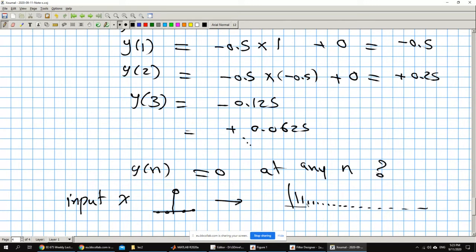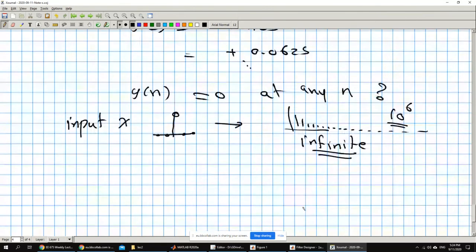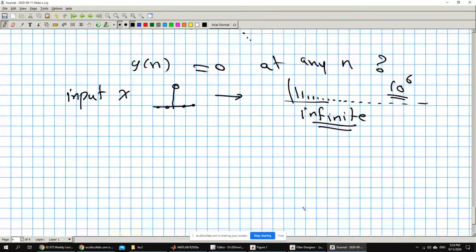It's never going to be 0. You can compute it at 1 million and it's still not going to be 0. It's going to be very small, but not 0. So the output here is infinite. Infinite means that it's never going to go to 0. You have no bound on n after which it will become 0.